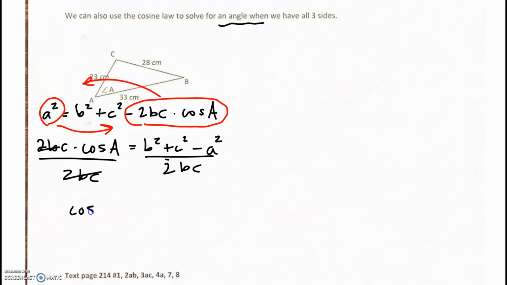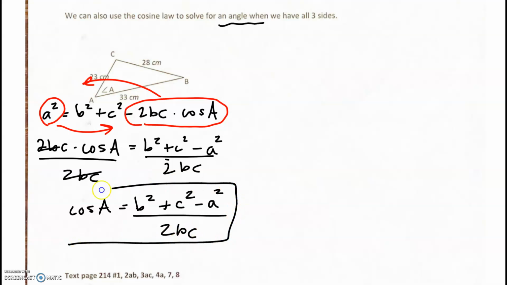And now I have a formula for cos A equals b squared plus c squared minus a squared all over 2bc. Now, I don't expect you to have to do these steps. You'll get a formula sheet with all the formulas written on it, including the cosine formulas to solve for cos.